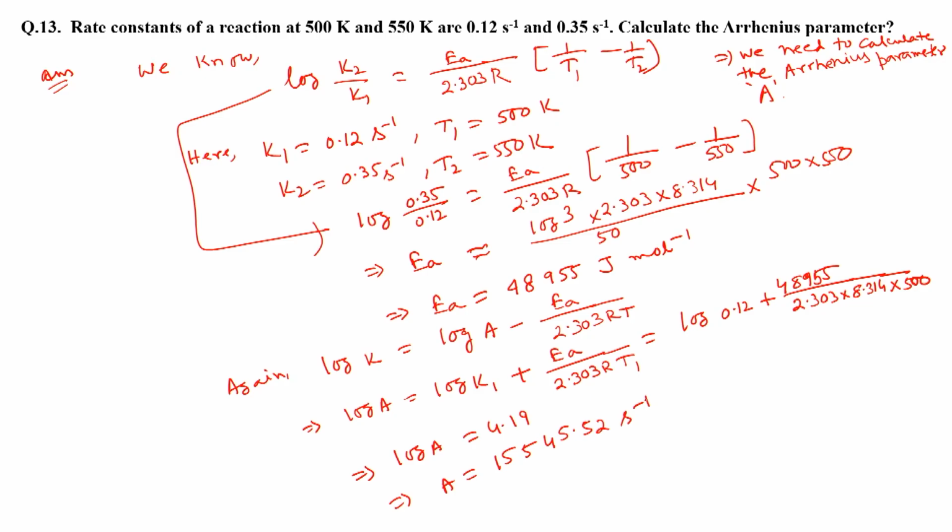The unit will be second inverse. This quantity A is also known as the pre-exponential factor or Arrhenius factor.